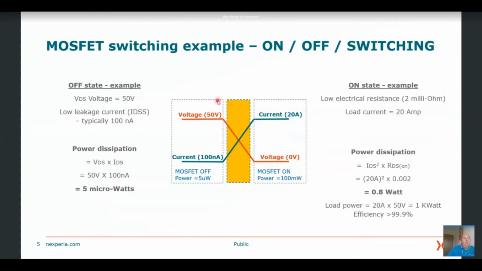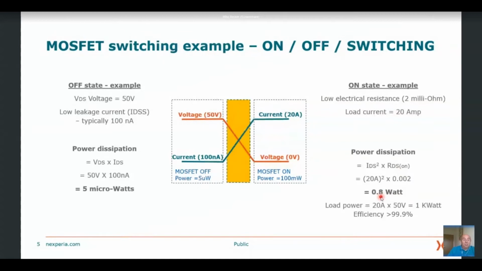And then if we consider the on state, we're using a MOSFET in this example that's 2 milliohms on resistance. The load current might be a few tens of amps. And because of the 2 milliohms on resistance, you do get some power dissipated.